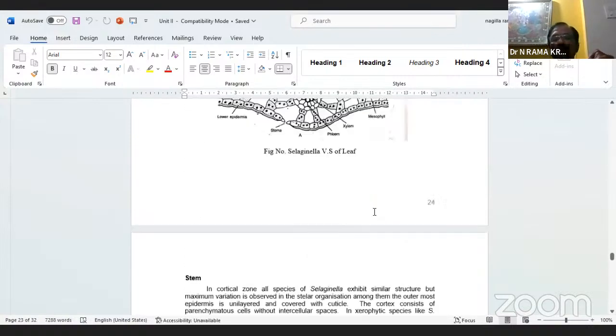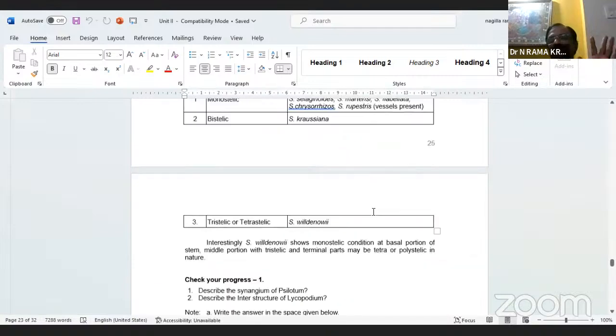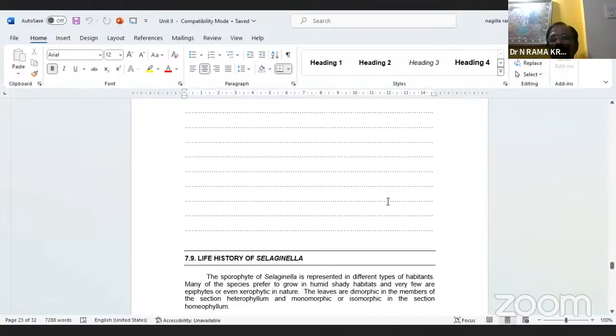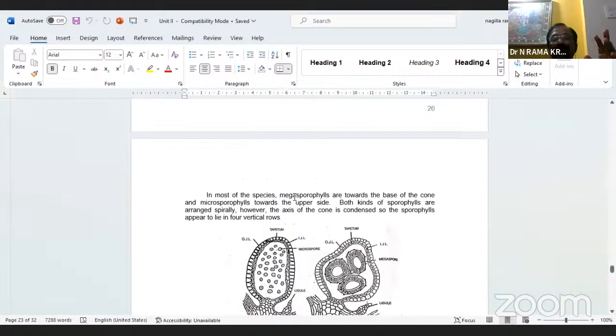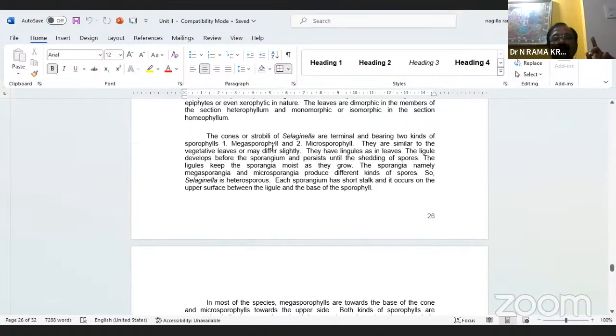That is the variation between normal leaves and the other leaves. One is the megasporophyll, the second one is the microsporophyll.